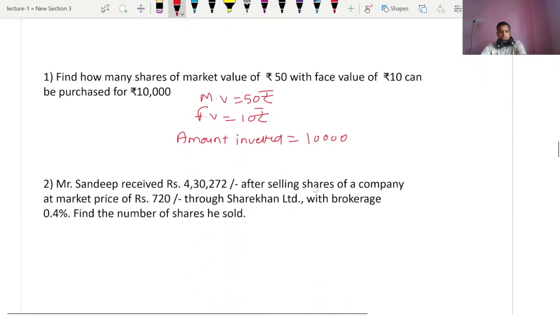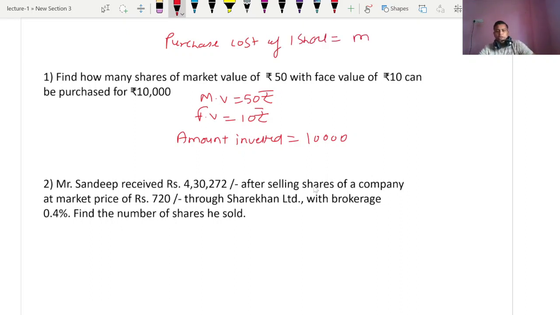Now see here, since there is no brokerage involved, the purchase price of a share is equal to the market price of a share, because the purchase cost of one share is equal to the market price of one share, and since you are purchasing, plus brokerage charge.